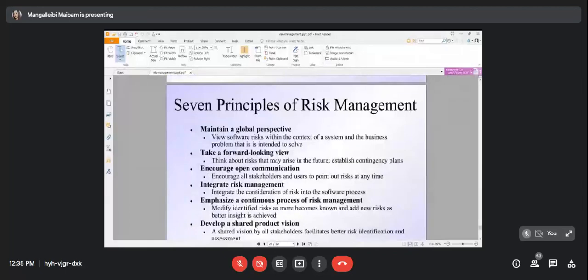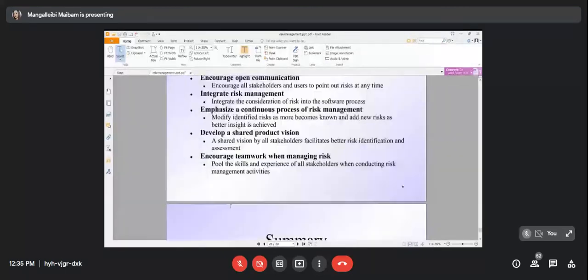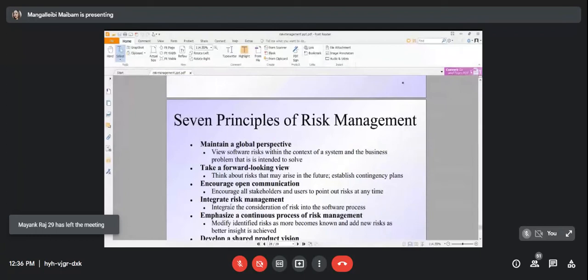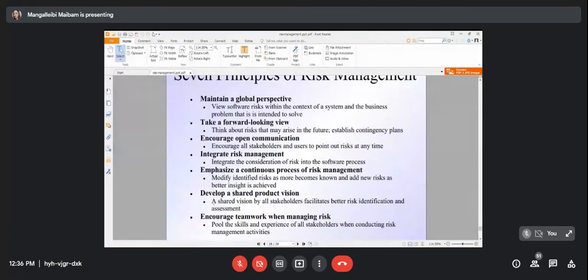And for risk management, we have these steps: maintaining a global perspective, taking a forward looking view, encouraging open communication, integrating risk management, emphasizing a continuous process for risk management, developing a set product vision, and encouraging teamwork when managing the risks.